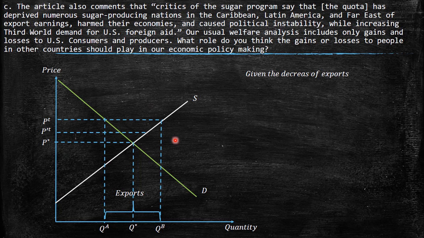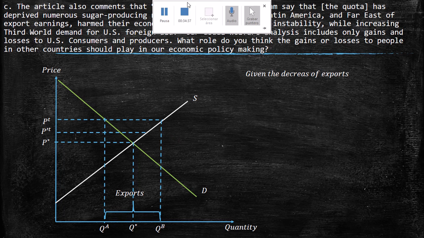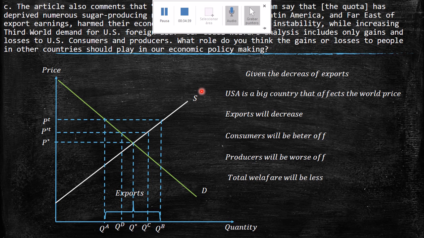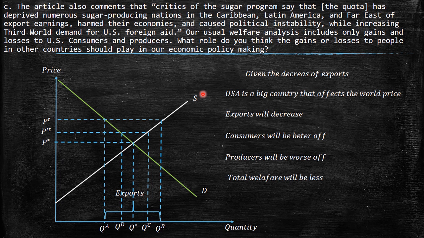This was the position that we had before. So the important thing here is that the US is a big country. So given the quota, they affect the prices. Don't pay attention to this because maybe it's not clear. So this one was the normal price before.